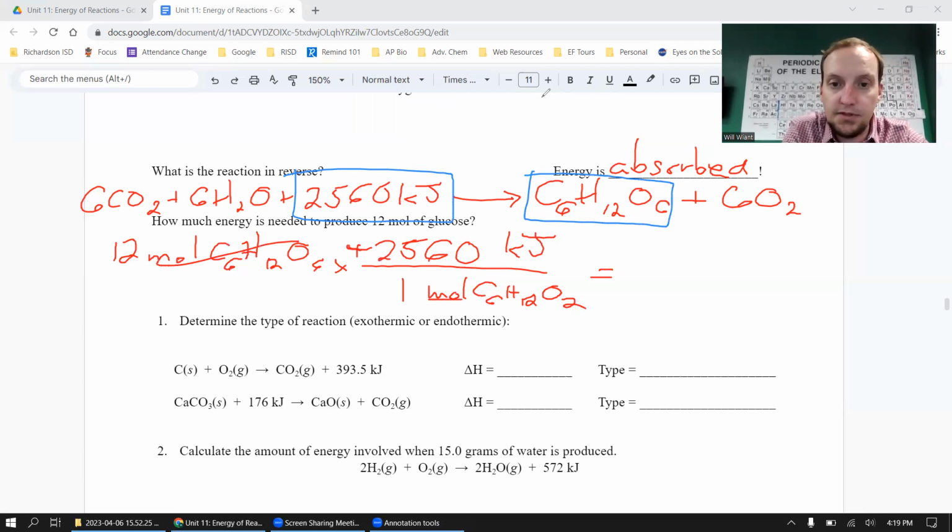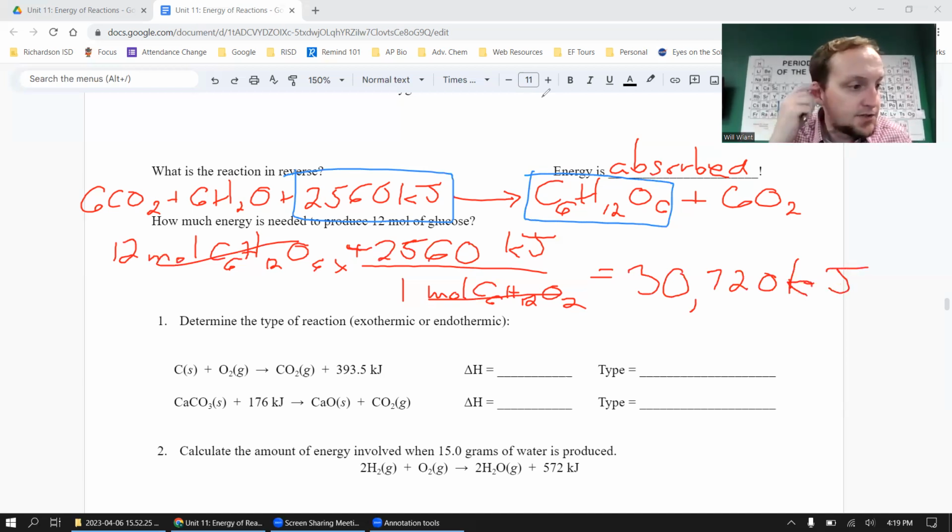This will cancel out with this. So basically, it's going to be 12 times 2,560 positive. And that's going to give me a very large number, which is 30,720. No, actually, it's kilojoules, isn't it? Yeah, that's a very large amount of energy. So that's the amount of energy that you would get. Again, that will be a positive value.